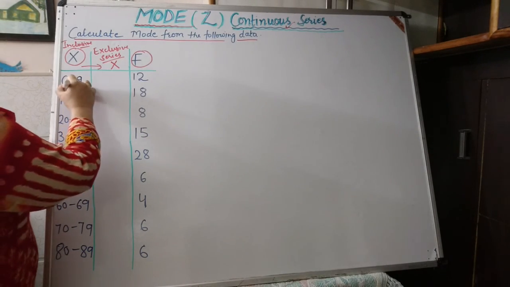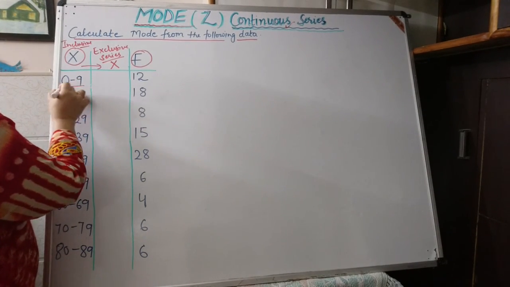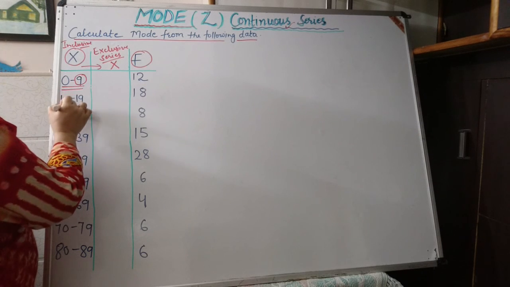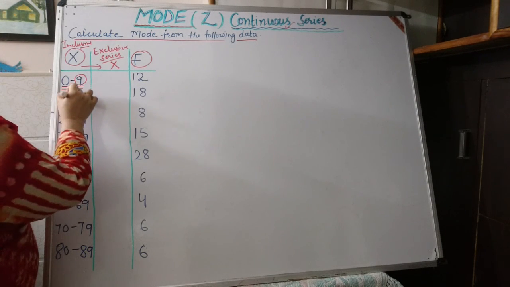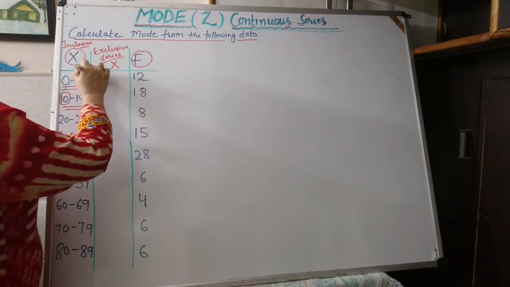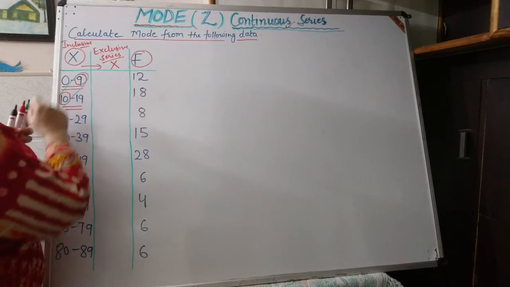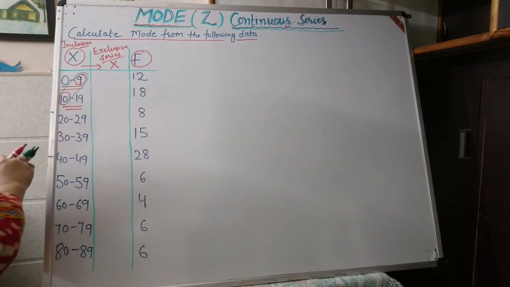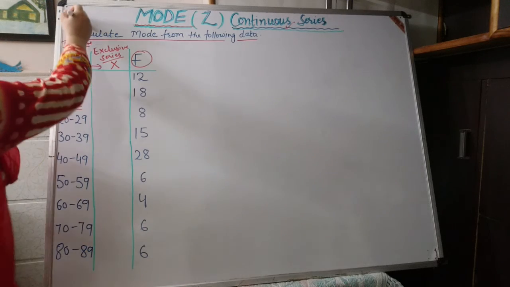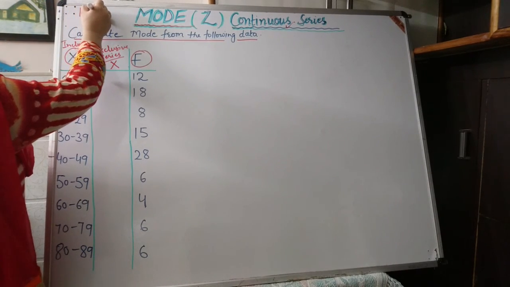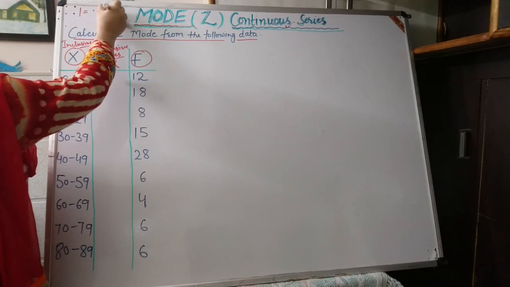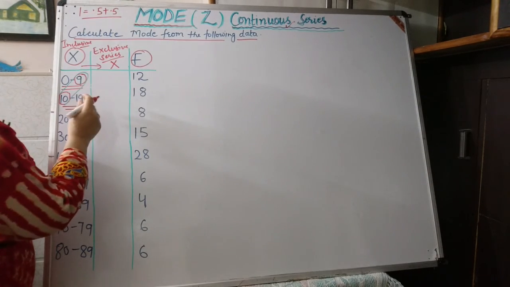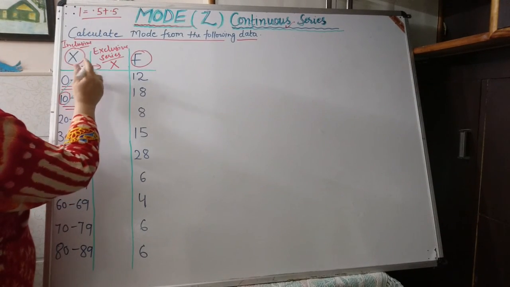What is the difference between the first class interval's upper limit and the next class interval's lower limit? There is a difference of 1. So 1 will be divided into two parts: 1 is equal to 0.5 plus 0.5.